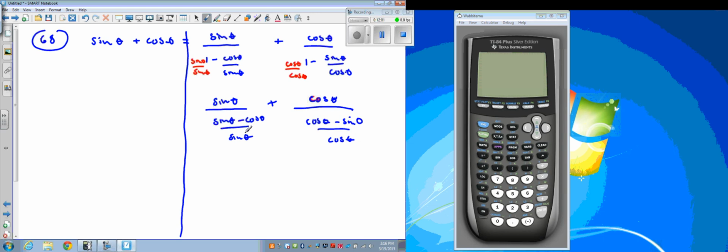Now, what I'm going to do is take this quotient that's in the denominator, and I'm going to invert and multiply. That's this thing right here, right? Then I'm going to invert this thing and multiply.